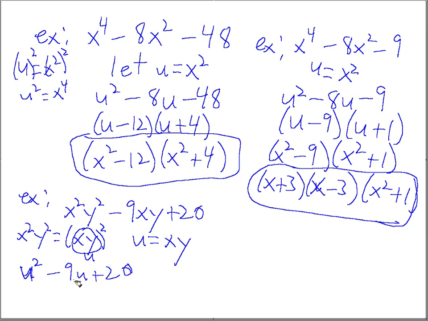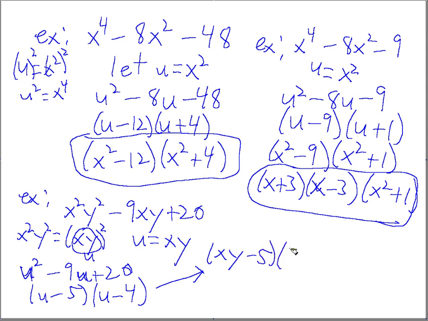All right, so therefore we can factor that again easily as u minus 5 and u minus 4, because those will multiply to positive 20 and add up to negative 9. Again, what's u though? u is going to be xy. So the final answer should be xy minus 5 and xy minus 4.